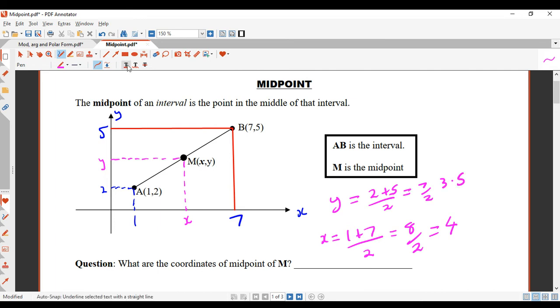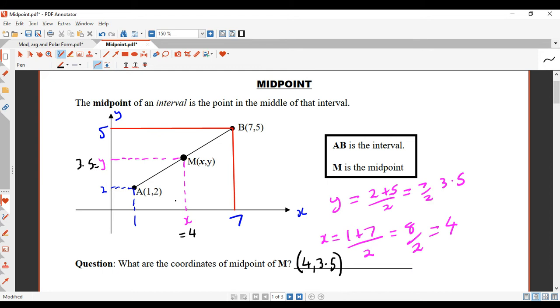So your midpoint has coordinates 4 for the x, 3.5 for the y. So the coordinates for this point here are 4, 3.5 for that midpoint.